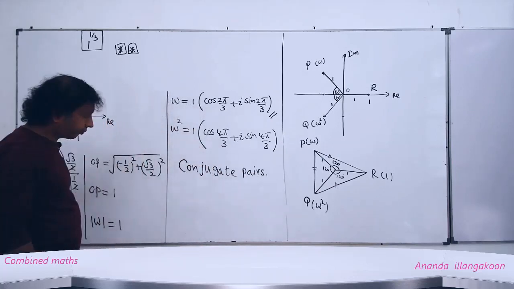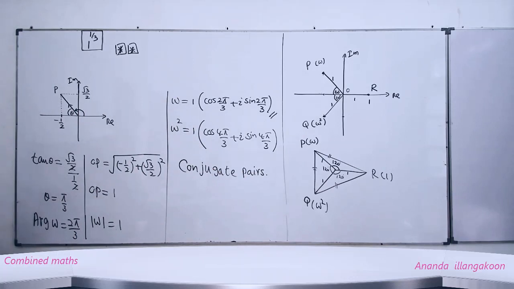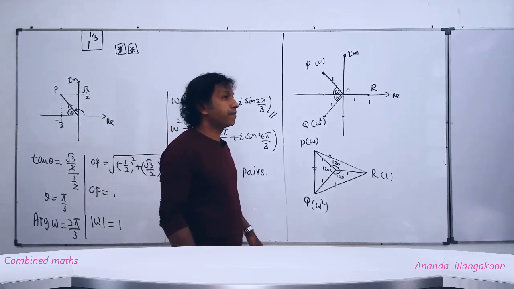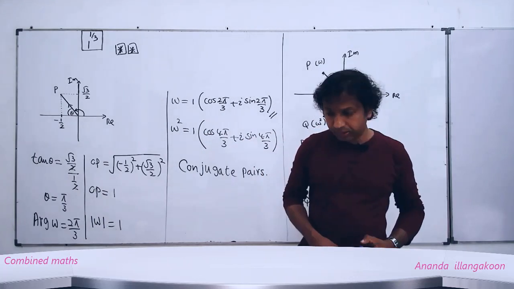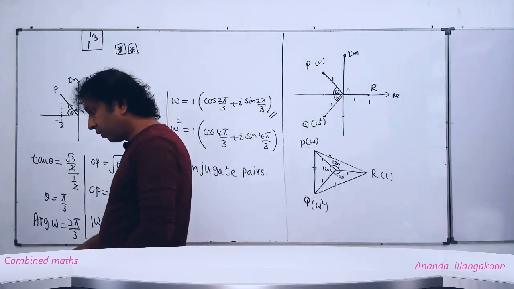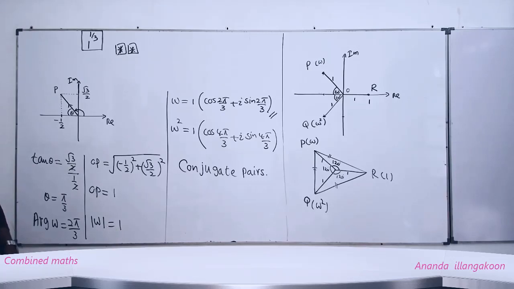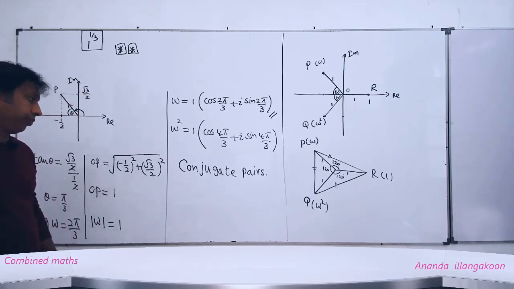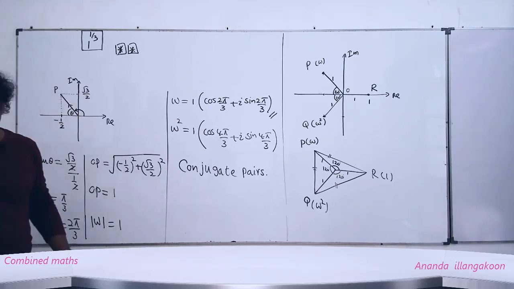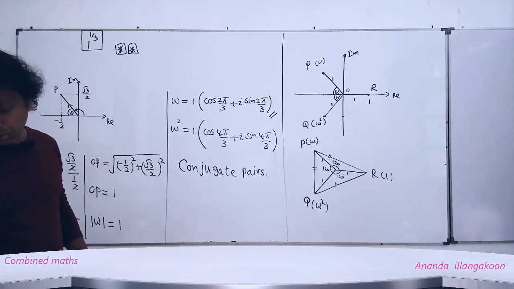That is, a complex number and its conjugate both occur as the solutions.